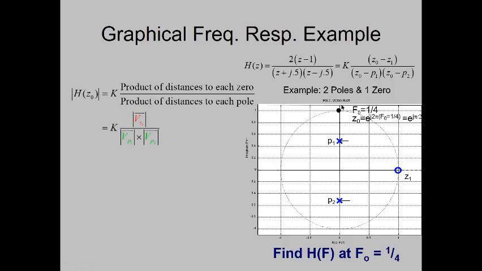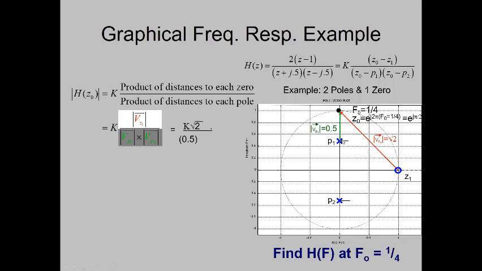The magnitude response of the system at this frequency then is our k, which is 2 in this case, multiplied by, let's draw our vectors in. In the numerator, we have the vector from z1 to that operating position. In terms of a distance, it's over 1, up 1, so its total vector length is square root of 2. We're going to divide that by the product of the distances from the two poles to that point.